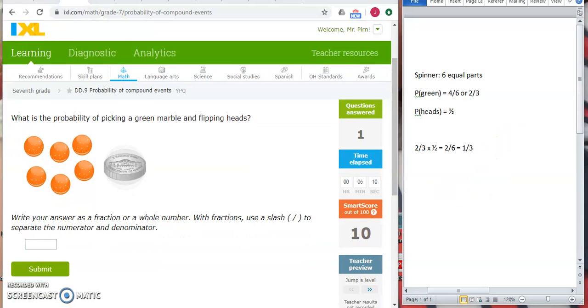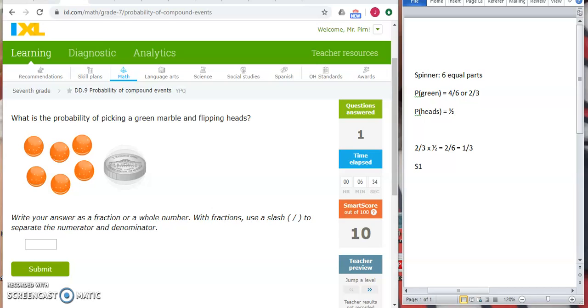Now, another thing to keep in mind. When you're doing these problems, probably the way that Khan Academy taught you how to think about it, if I remember the video correctly, is to count the different possibilities. So thinking back to the green spinner and flipping the coin, there are 6 different spins that you might have.